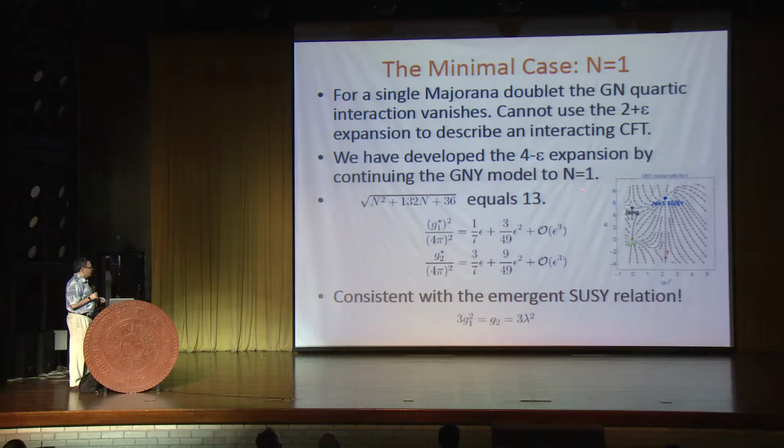It's a slightly formal definition because in 4 dimensions you really have 4-component Majoranas, and you have to continue to half of it to get this n equal 1 model. But as you'll see, there are good reasons to believe in this procedure. So one is that this square root simplifies and just becomes 13, which actually turns out to be a lucky 13, because once you plug in this value, you see something nice happening: the ratio of the 2 couplings becomes exactly 3. And that's consistent with this supersymmetric Lagrangian.